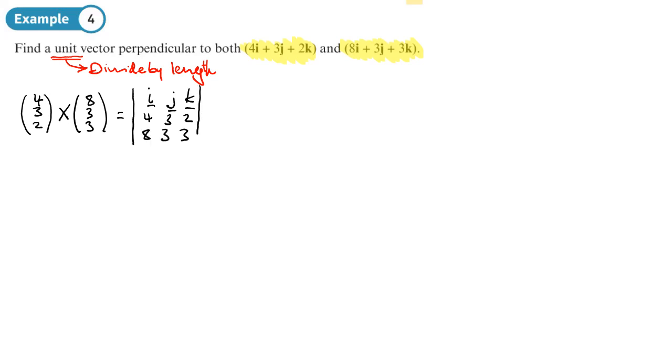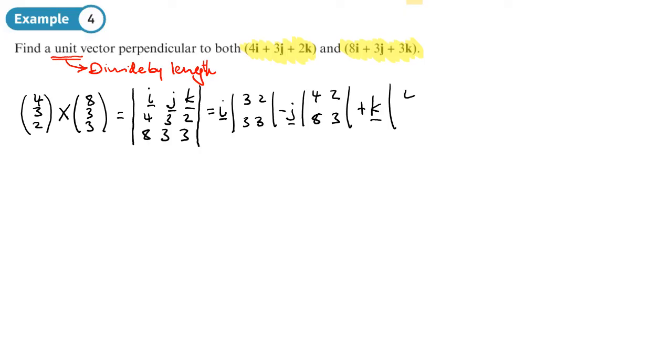This is the quick way, rather than doing it directly. So the first element times its minor, 3, 2, 3, 3, plus or minus, not plus, minus j times its minor, which will be 4, 2, 8, 3, plus k times its minor, which will be 4, 3, 8, 3.